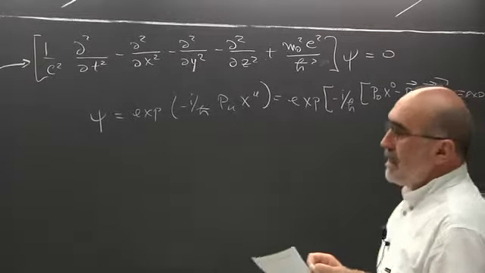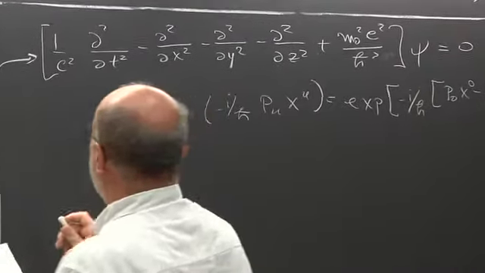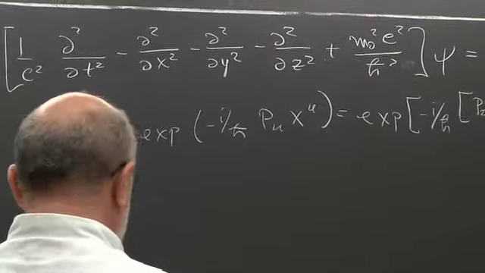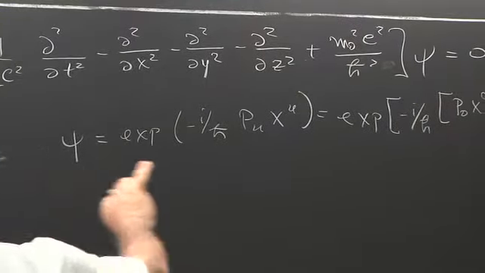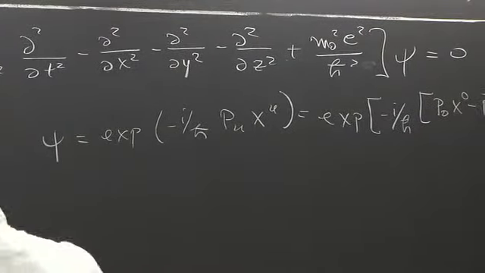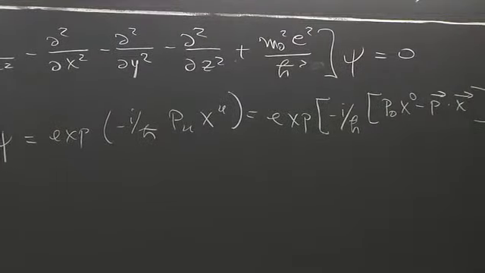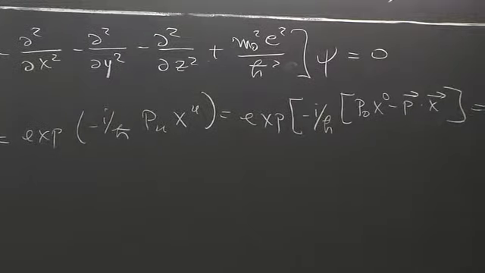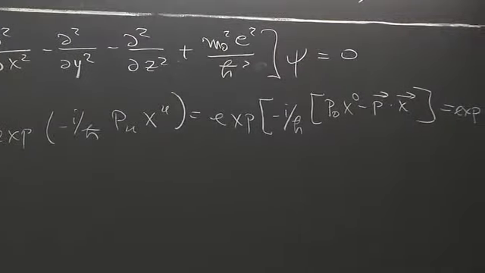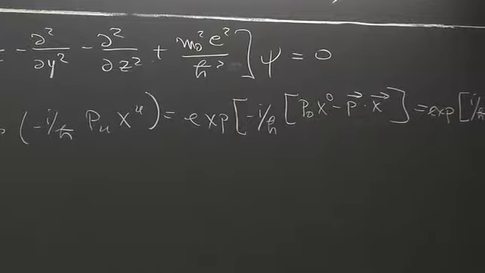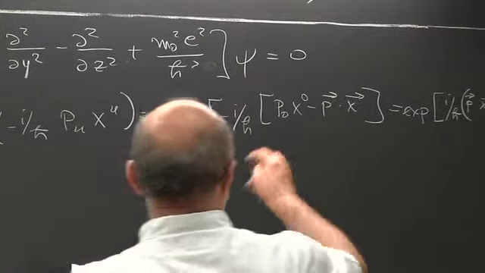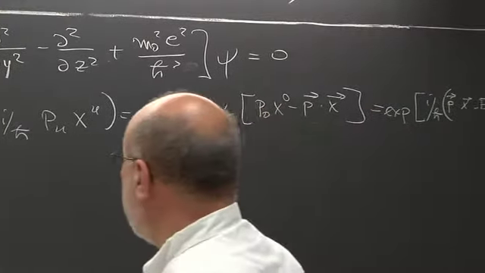You see that from this plane wave solution, the c has disappeared, and it has disappeared because p0, let's remember, was E over c, and x0 was c times t. So when you multiply p0 x0, the c disappears. This is an important thing.